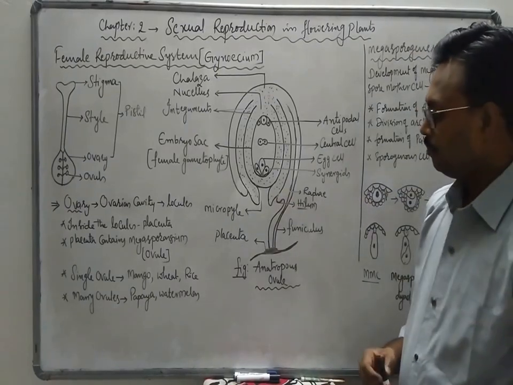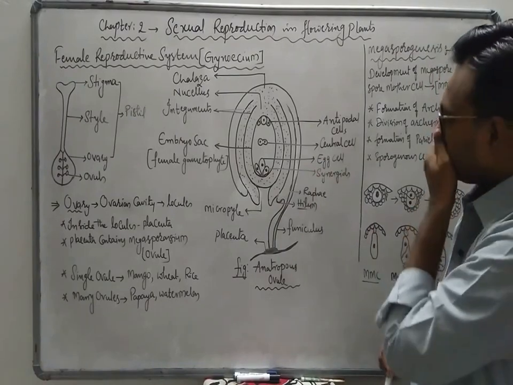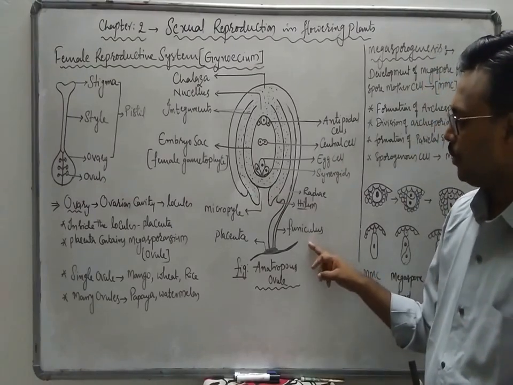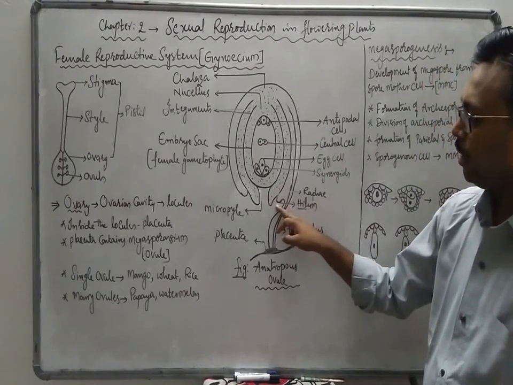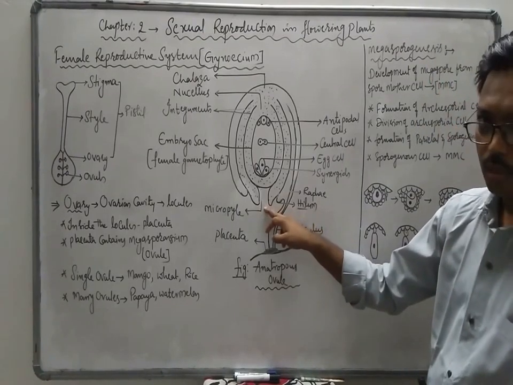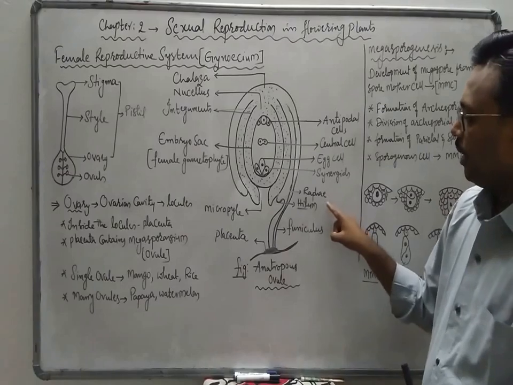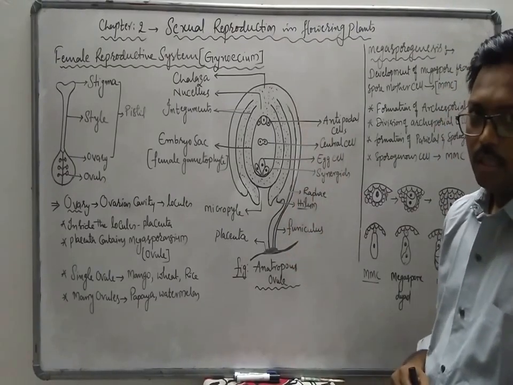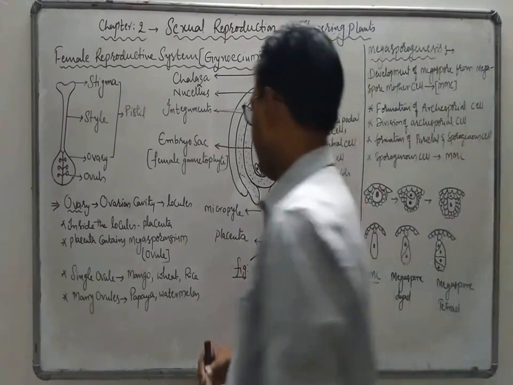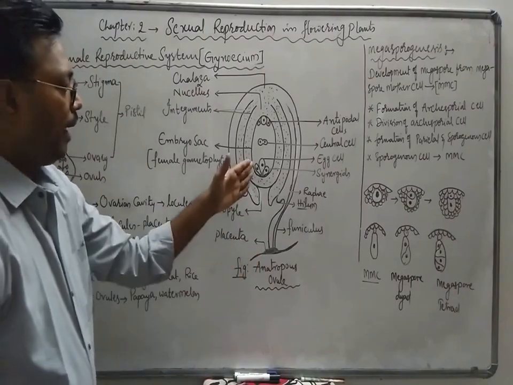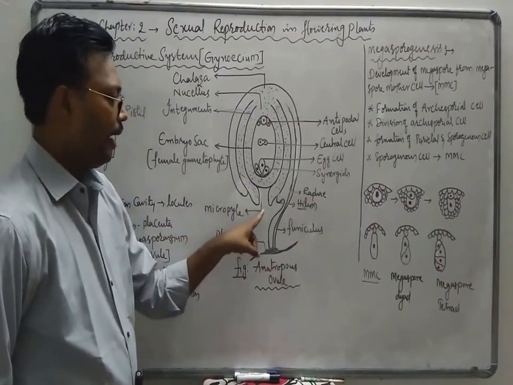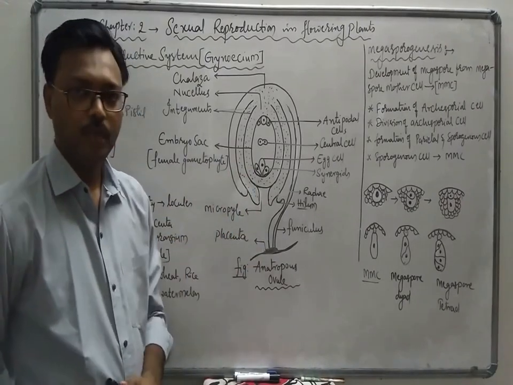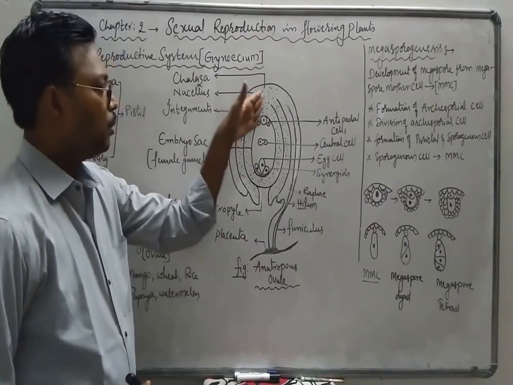Okay, this is the simple structure of the anatropous ovule. It has a funiculus and a hilum, the swollen part between the ovule body and the funiculus. The raphe is the extension of the funiculus into the ovule body as a ridge. It has two ends: the opening or anterior end called the micropylar end, through which the pollen tube enters during fertilization, and the opposite end called the chalaza.